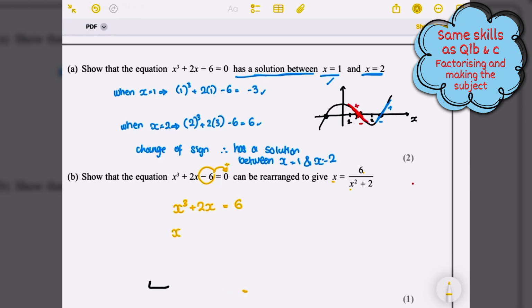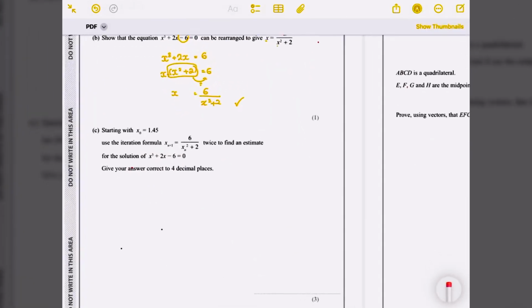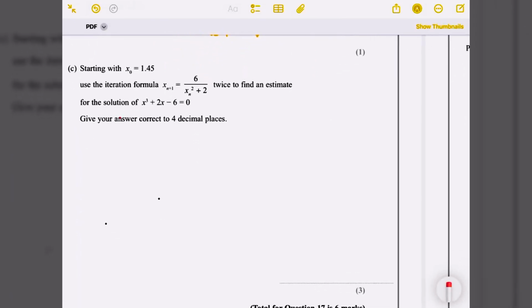Take the x out, and I end up with x times x squared plus 2 equals 6. The opposite of times is divide, so I'm going to take that over and divide it on that side. So x equals 6 divided by x squared plus 2. Done.